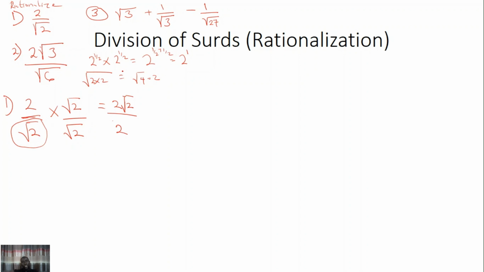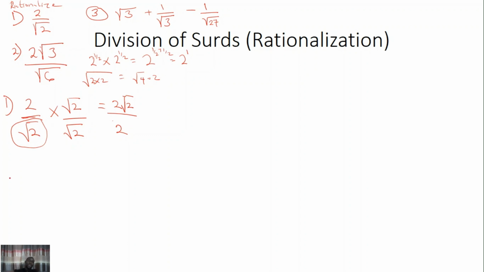Click it and watch it for you to understand the basic rule of indices. So this is why multiplying root 2 by root 2 gives you 2. If you look at this fraction, we have succeeded in ensuring that we don't have surds as its denominator. And that is exactly what rationalization of surds is.